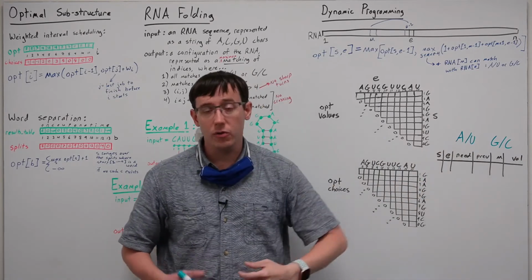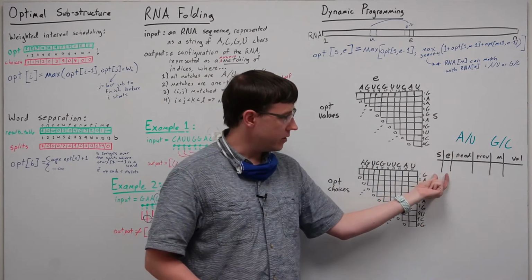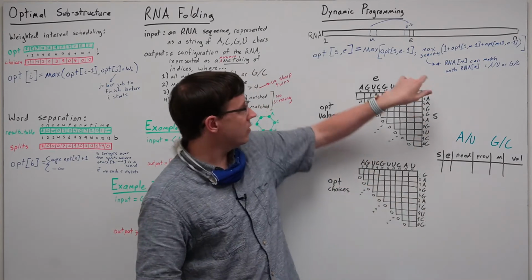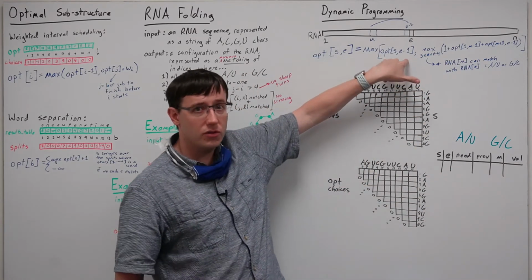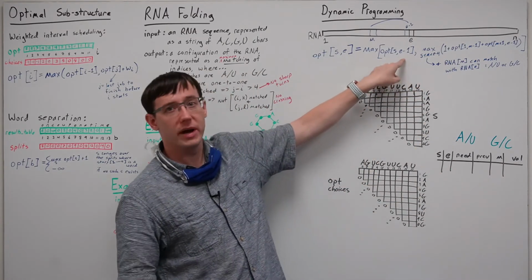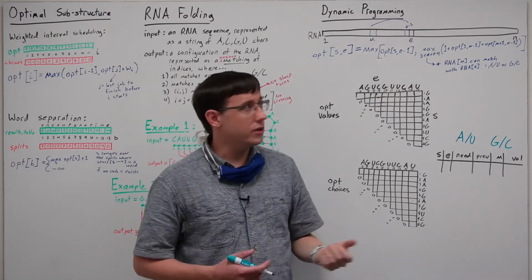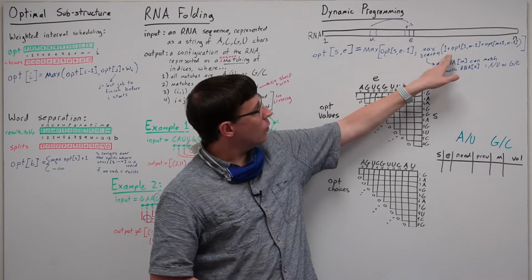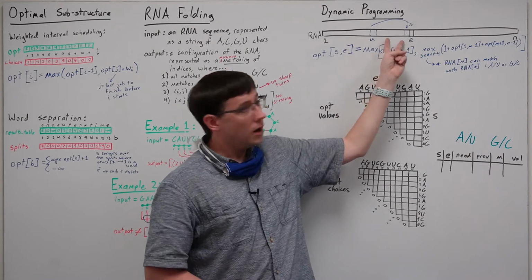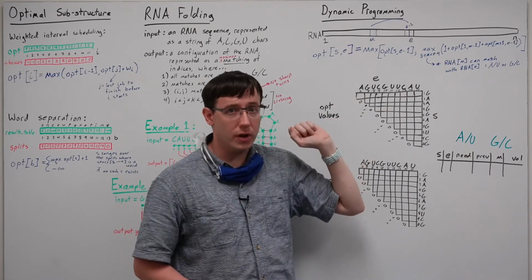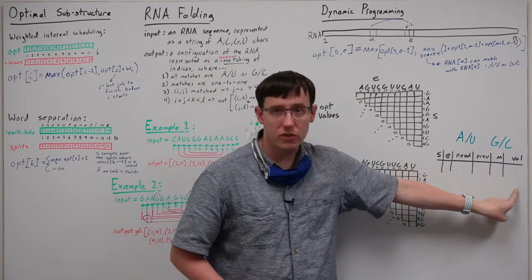And in figuring out the optimal value for a given subproblem, we'll need to consider the previous subproblem for n-1, and we'll need to consider the sum of 1 plus the optimal values in these two subproblems, which we'll put in this column.